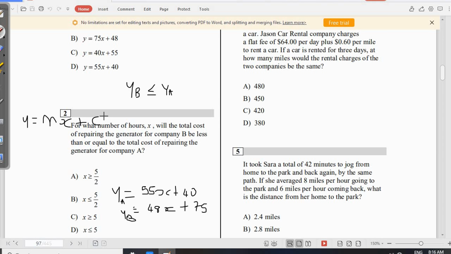Now since we have related it this way, we place it based on that. So it will be 48x plus 75.